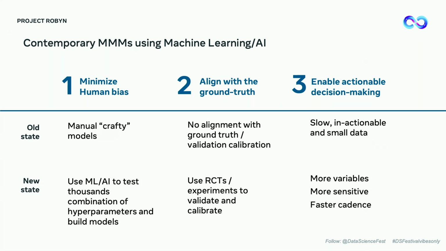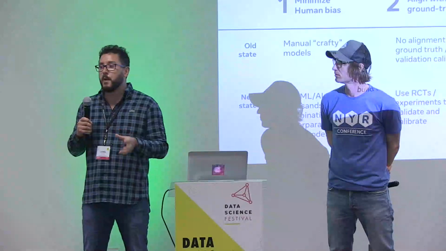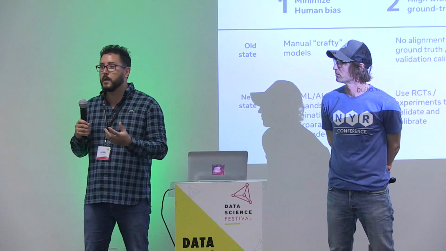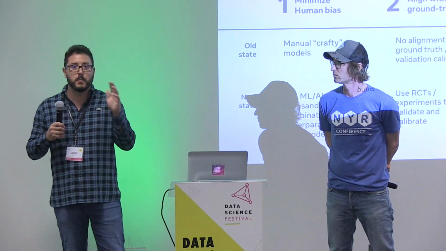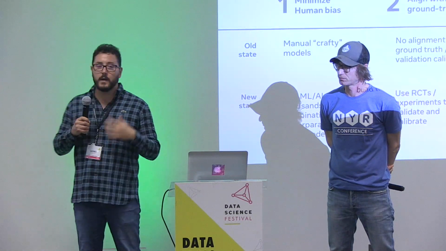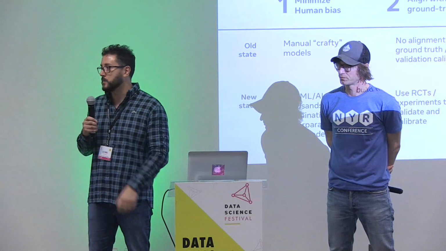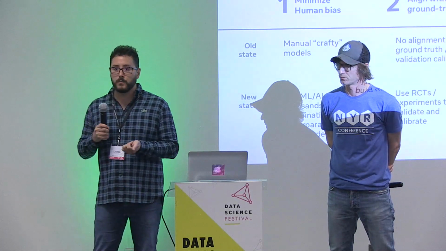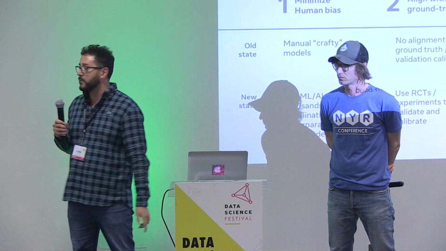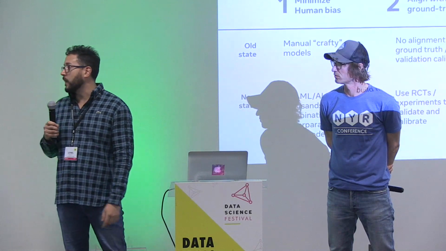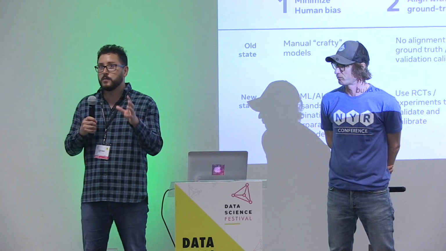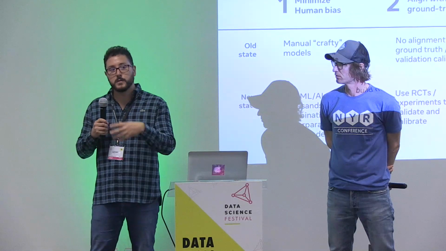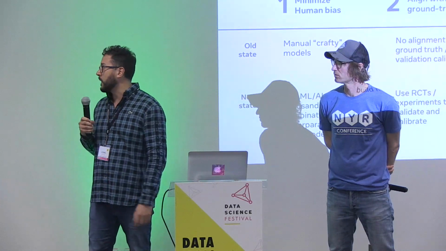So in the old state of all marketing mixes, usually they were more manual and crafty, and it would require manual iterations to define which is the best model or the best decision for those ad stock and saturation curves that Igor was just mentioning. In this case, within Robyn, we're using, as you may see, machine learning and AI. And we try to iterate through the full hyperspace of parameters and define a set of objective functions and go after that to automate that process.